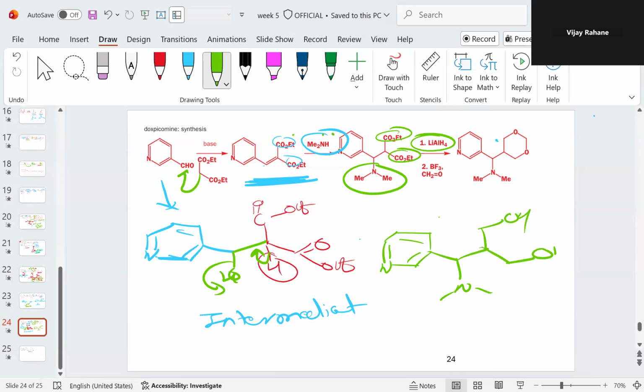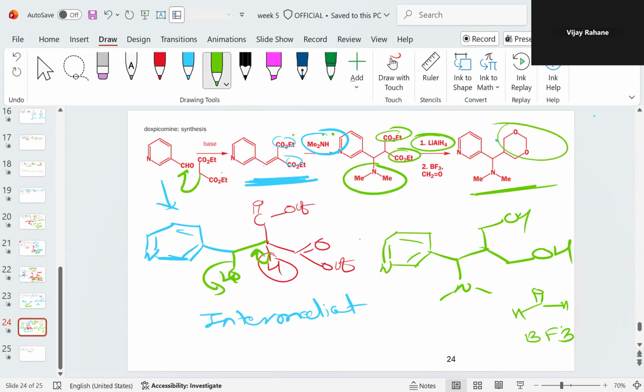Upon reaction of this diol with formaldehyde plus a catalytic amount of BF3, it gives the acetal formation, which is our product.